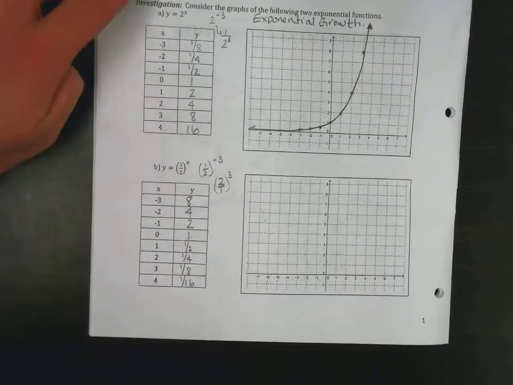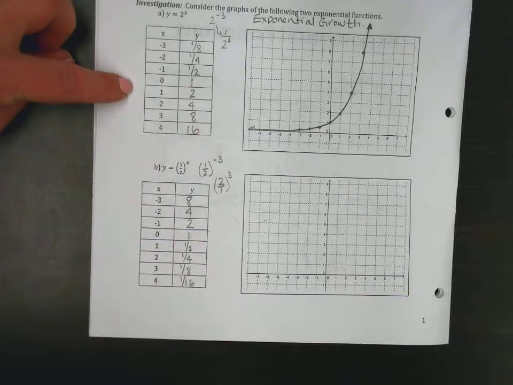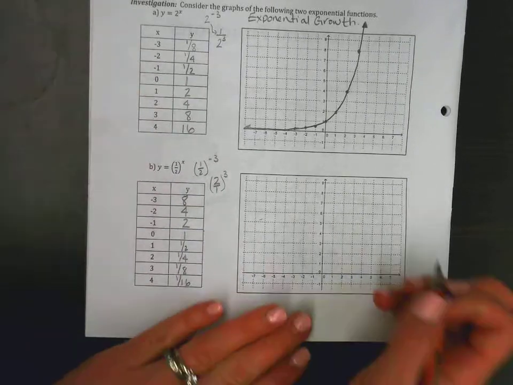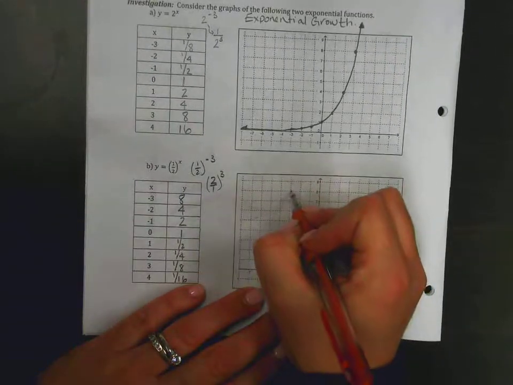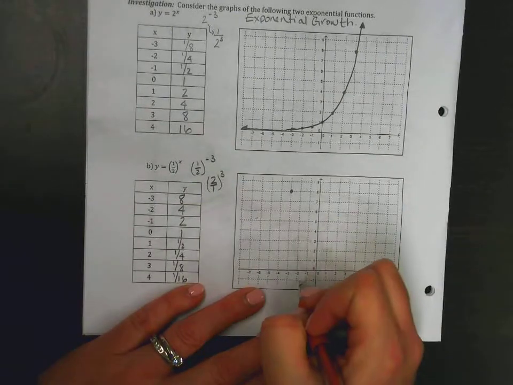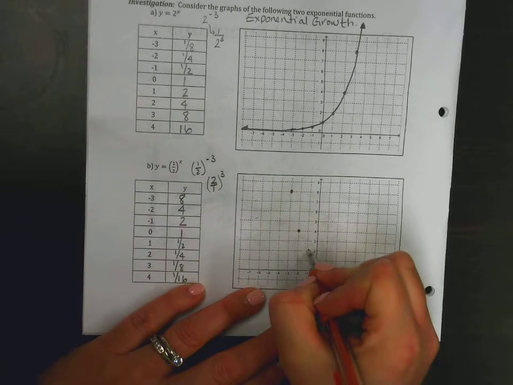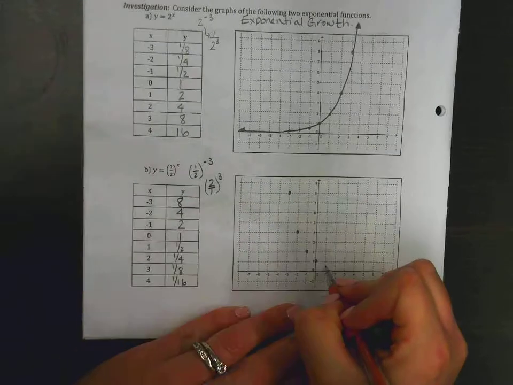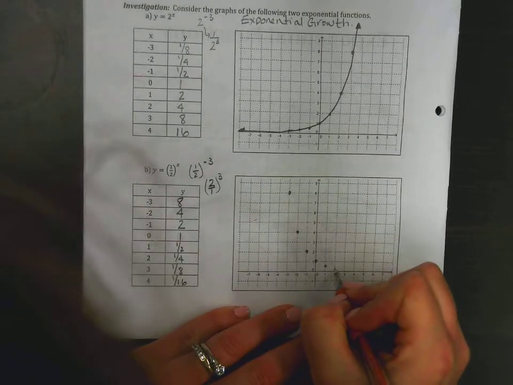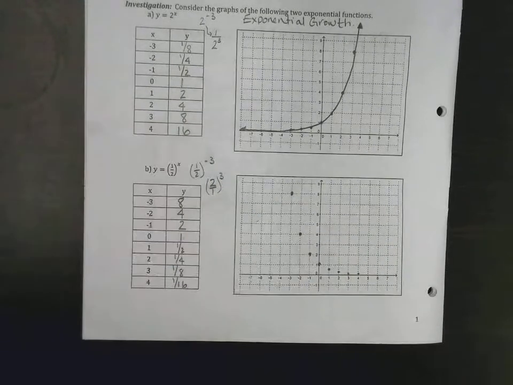So as you can see, the constant has the opposite effect of what happened in our base function here. If we were to sketch these points, at -3 we have a y value of 8, 4, 2, 1, so it's having the opposite effect.